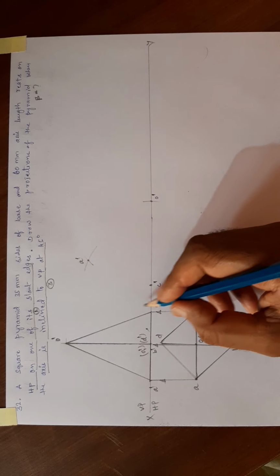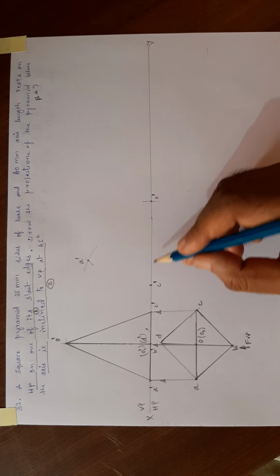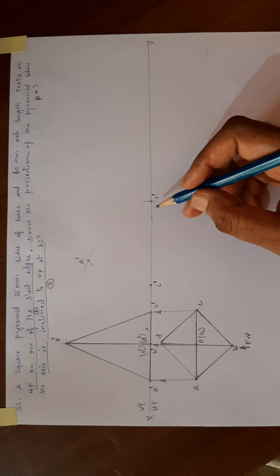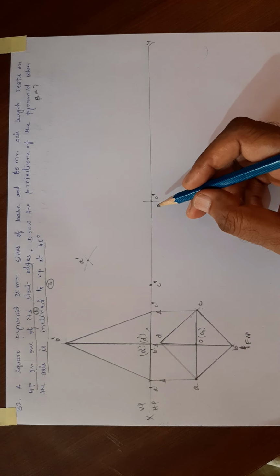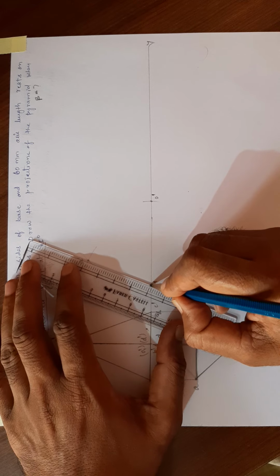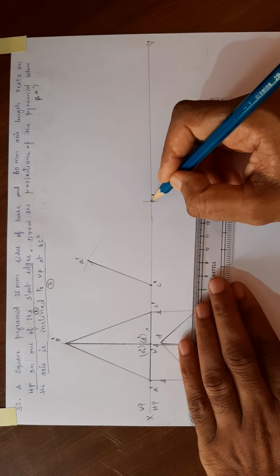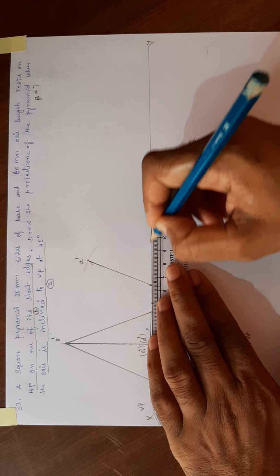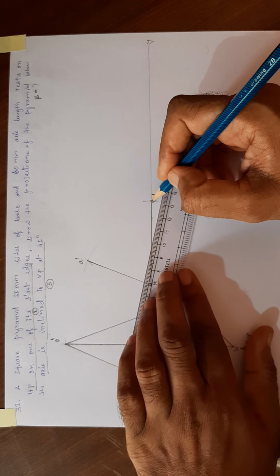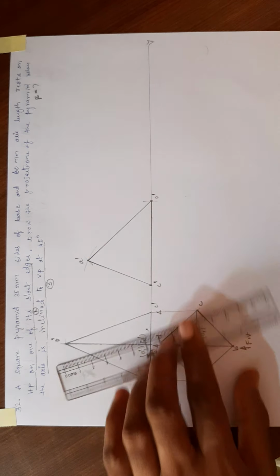Now see, C dash O dash is the slant edge resting on HP, meaning it must be on the XY line. Now join all 3 points with a thick line, O dash, C dash, and A dash.